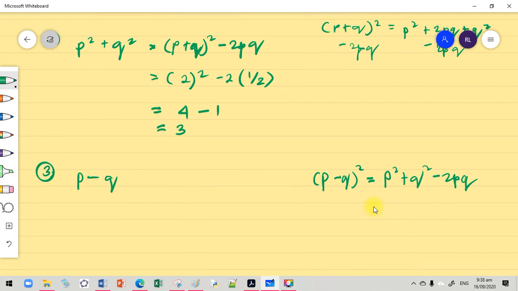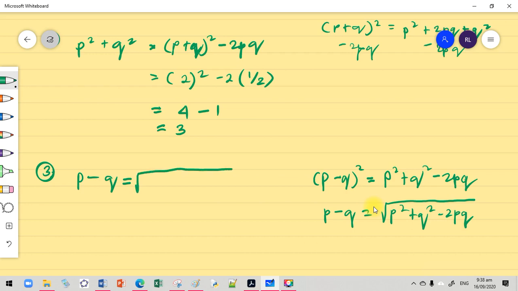Since P is greater than Q, the difference is positive, so we are allowed to take the square root. This becomes P minus Q equals the square root of P squared plus Q squared minus 2PQ.